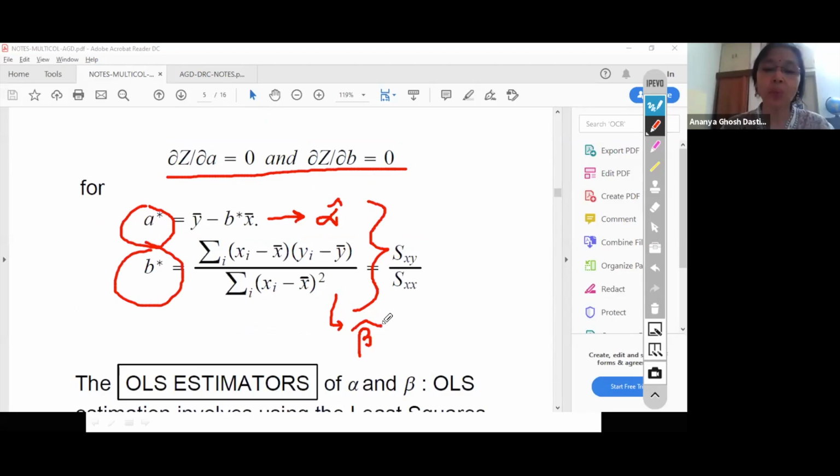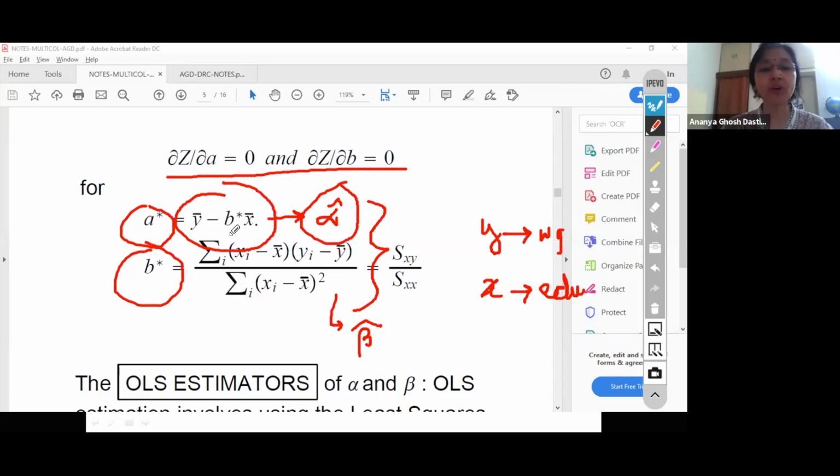So once you have data on y, once you have data on x, which I have, my y is wage, my x is education. Once you have all of that data and you apply these formulae, what you get is an estimate of alpha hat and beta hat, where these formulae are the estimators.